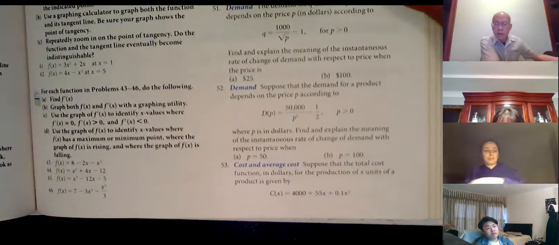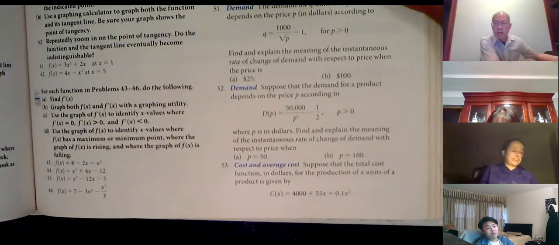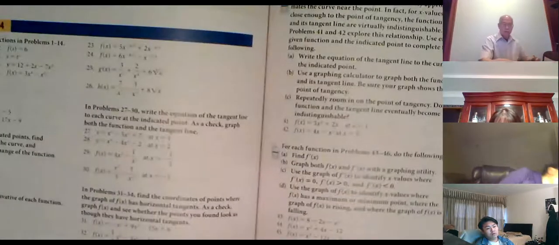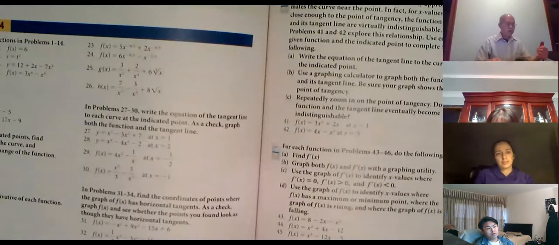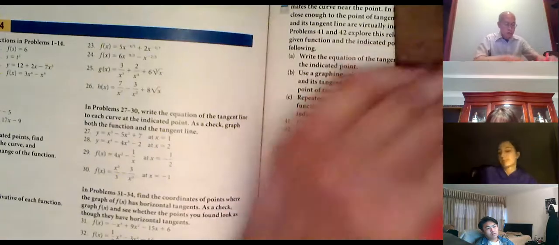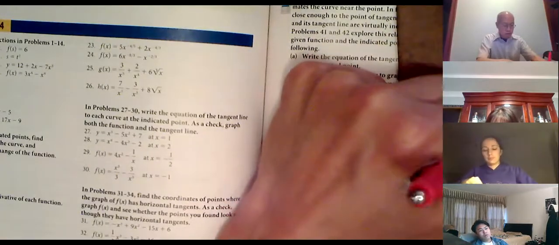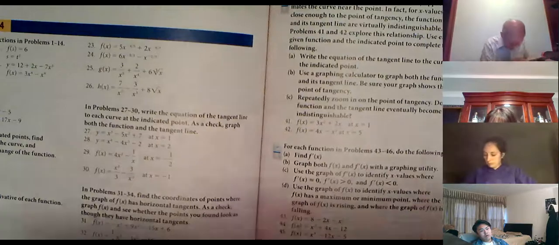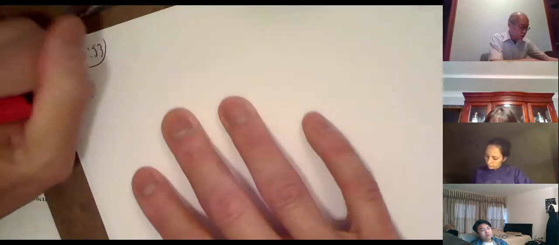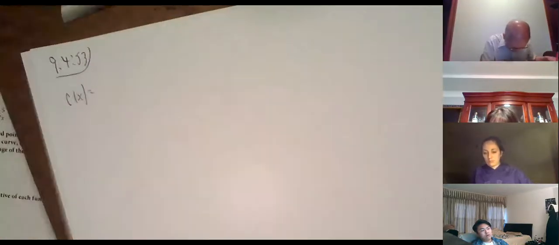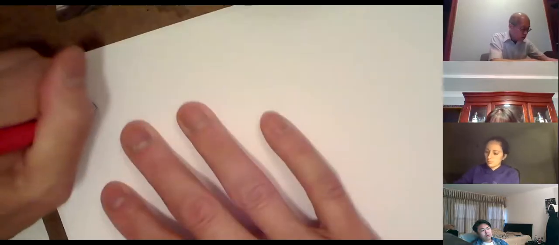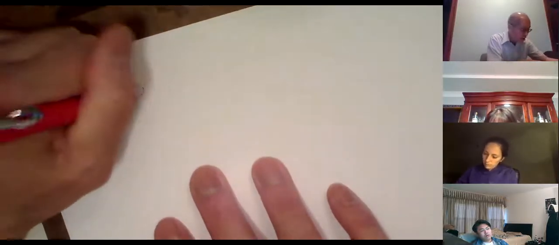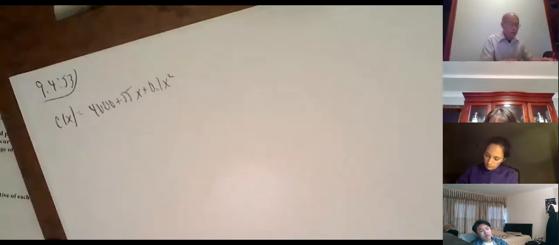Okay, C of x is equal to 4,000 plus 55x plus 0.1x squared. Cost function. Let me write that down. I'm sorry, I can't show you the book at the same time. C of x is equal to 4,000 plus 55x plus 0.1x squared.